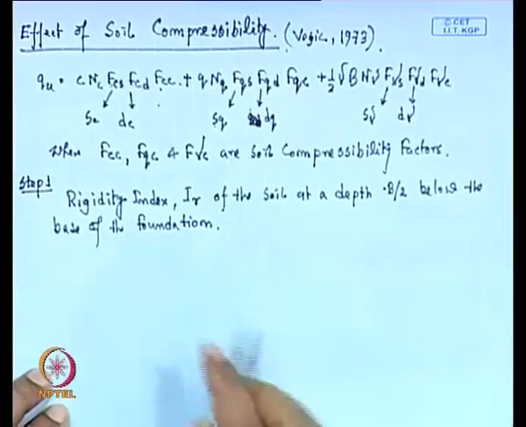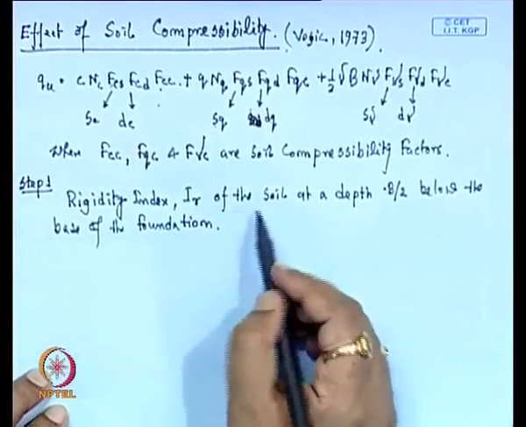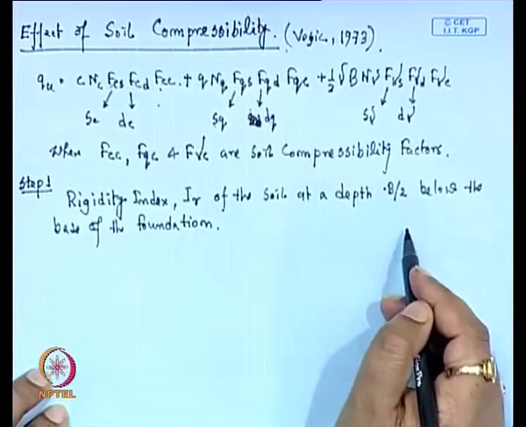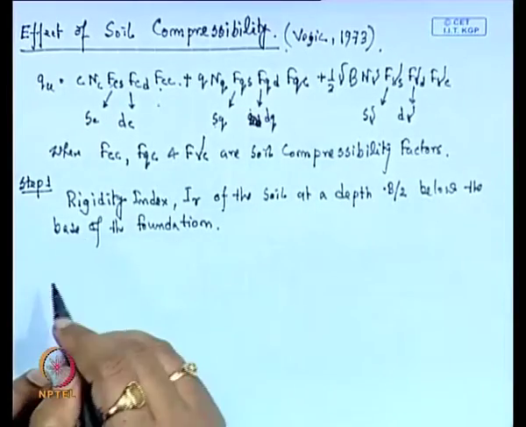So, first we have to calculate this rigidity index IR of the soil at a depth of B by 2 approximately below the base of the foundation.